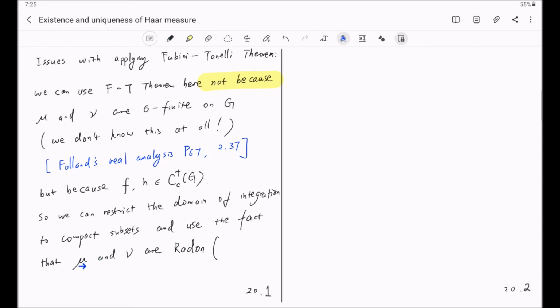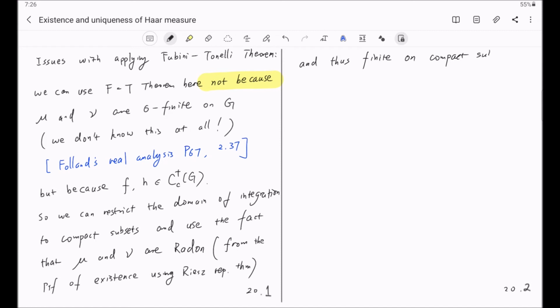We have already shown that mu and nu are Radon from the proof of the existence using the Riesz Representation theorem. So mu and nu are finite on the compact subsets, just by definition of Radon measures.